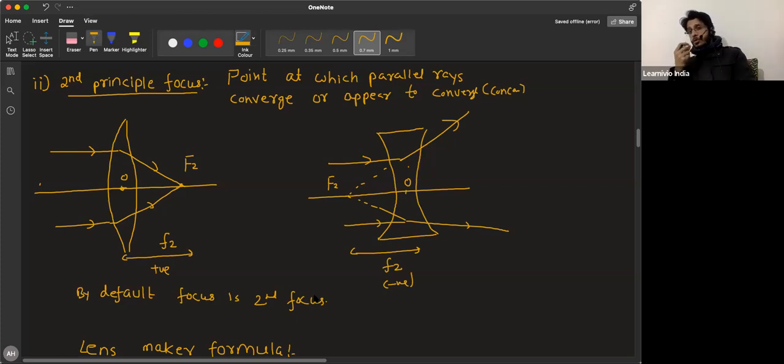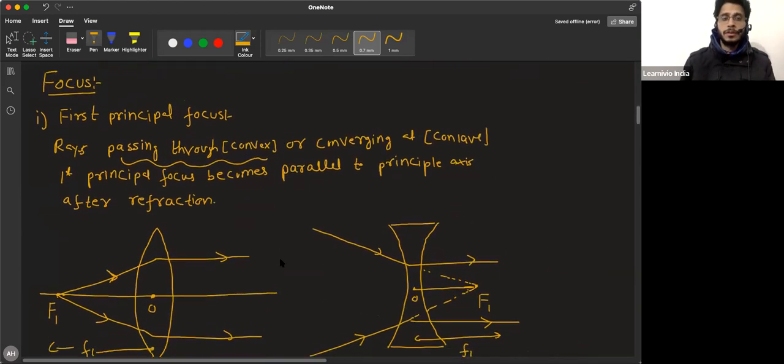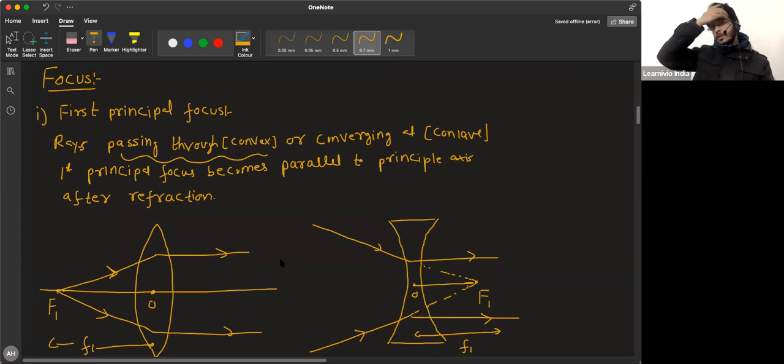Whenever we talk about the focus of a lens, that's the second principal focus. It's always the second principal focus, never the first, unless it is mentioned. If asked to calculate the first principal focus or first principal focal length, it's a different thing. But if the question says calculate focal length, that means the second principal focus.